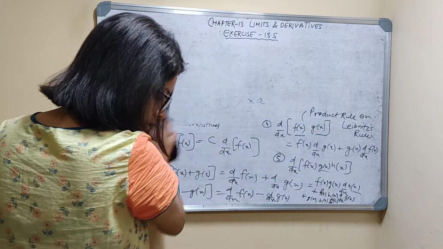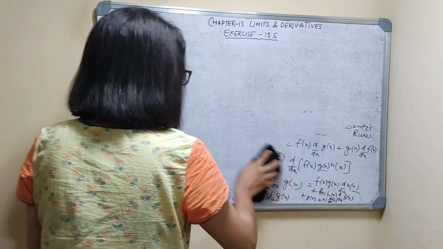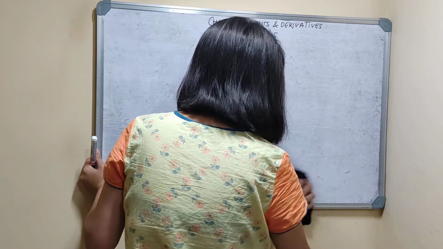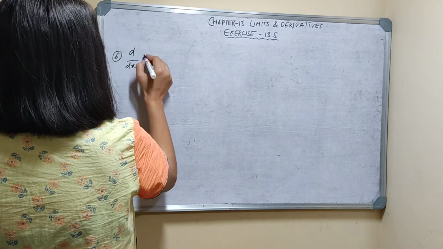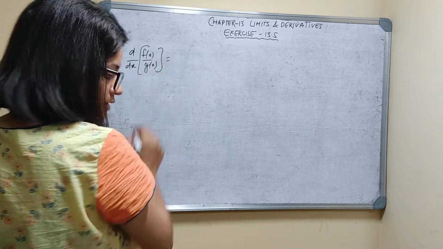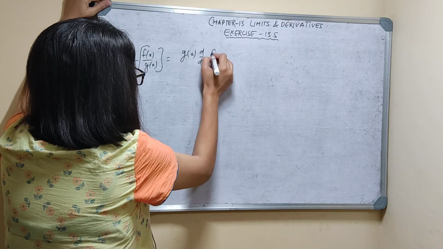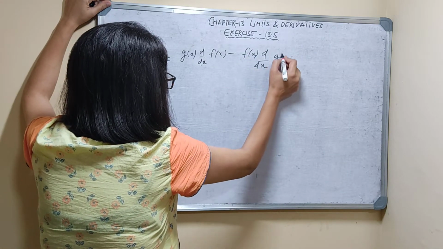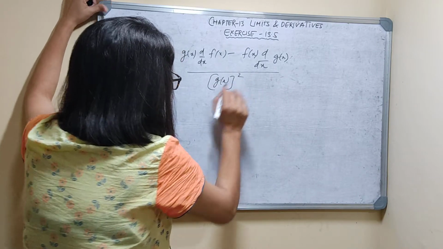Now the sixth part, d by dx of f(x) upon g(x). This we did for d by dx of f(x) into g(x). Now d by dx of f(x) upon g(x). How will you write? You will write g(x) d by dx of f(x) minus f(x) d by dx of g(x), upon g(x) whole square.